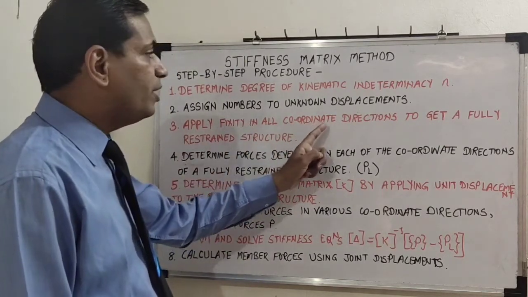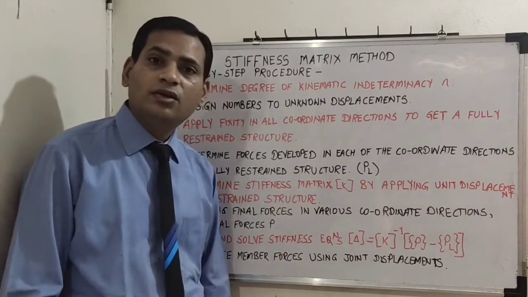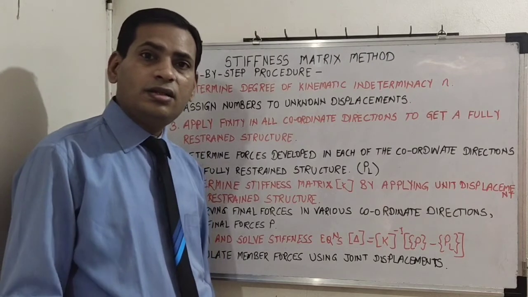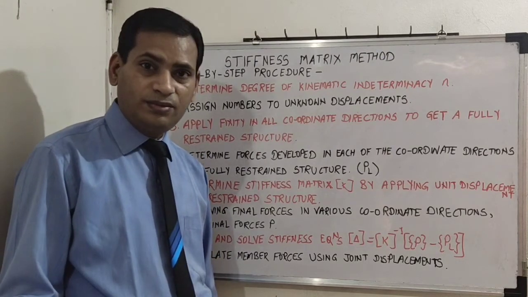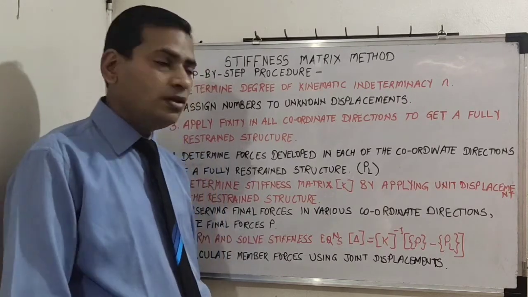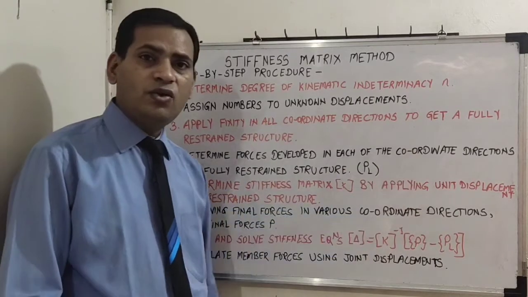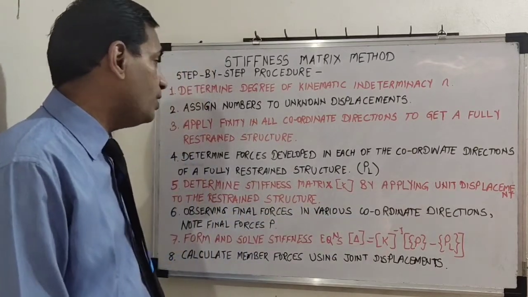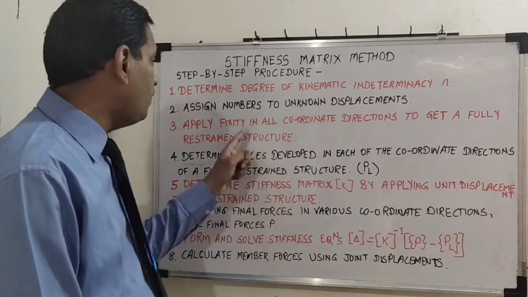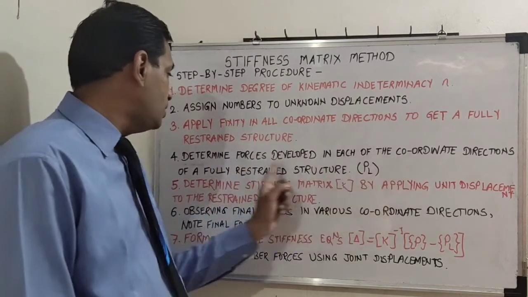Apply fixity in all coordinate directions means restrain or make all these unknown displacements 0. Make all these unknown displacements 0 first, and then you find out the forces developed in each of the coordinate directions because of the external loading. Because of this external loading you find out these forces in step number 4.